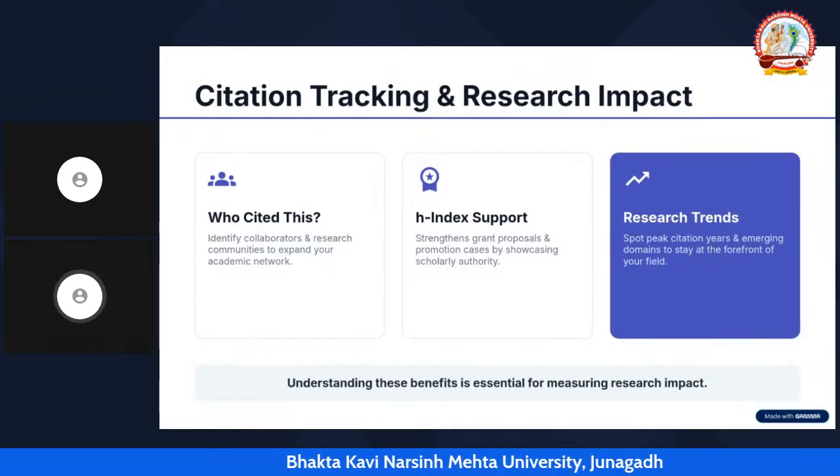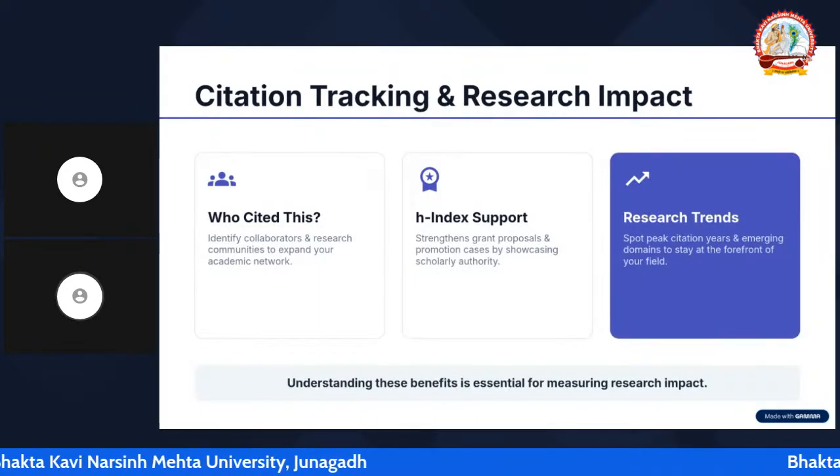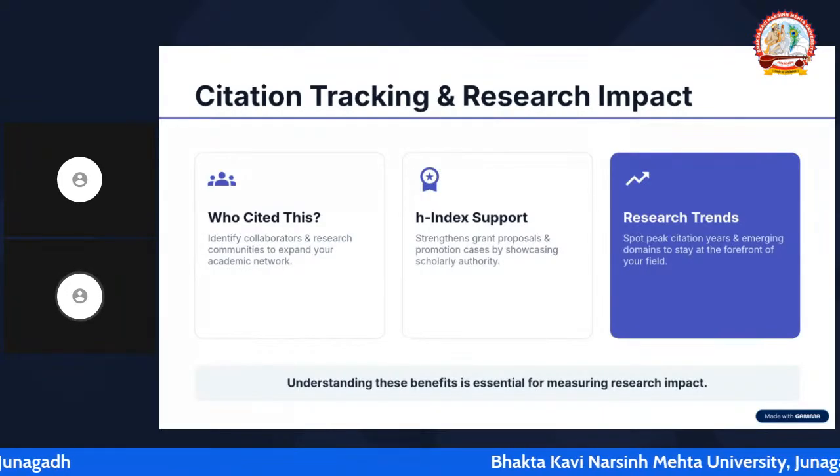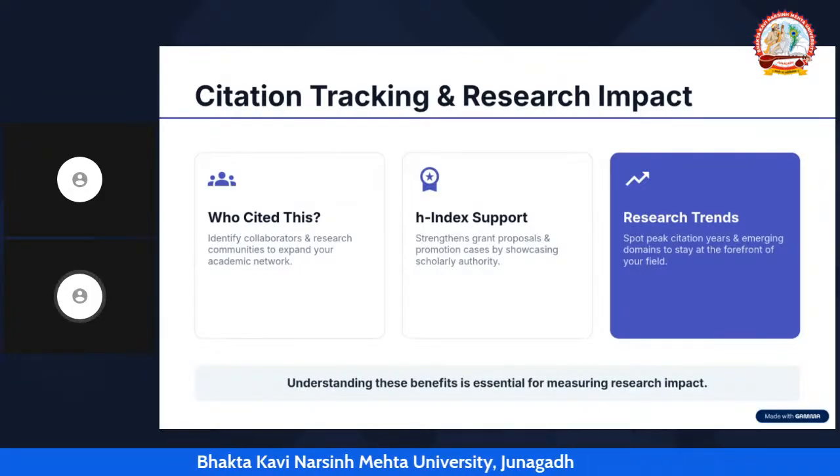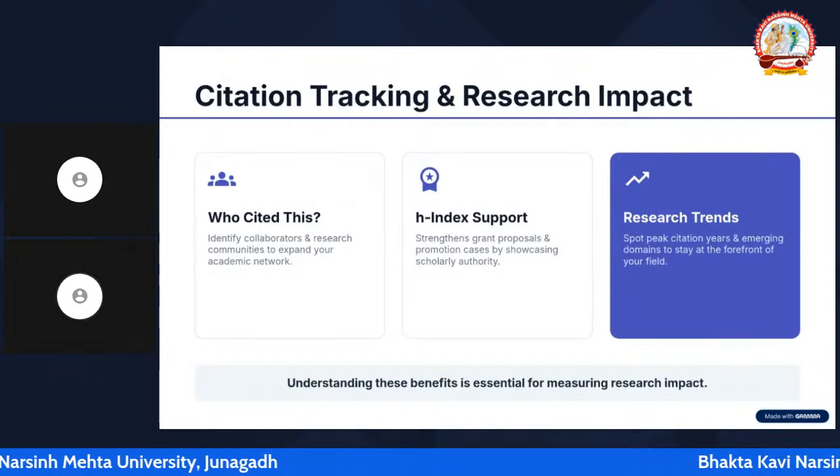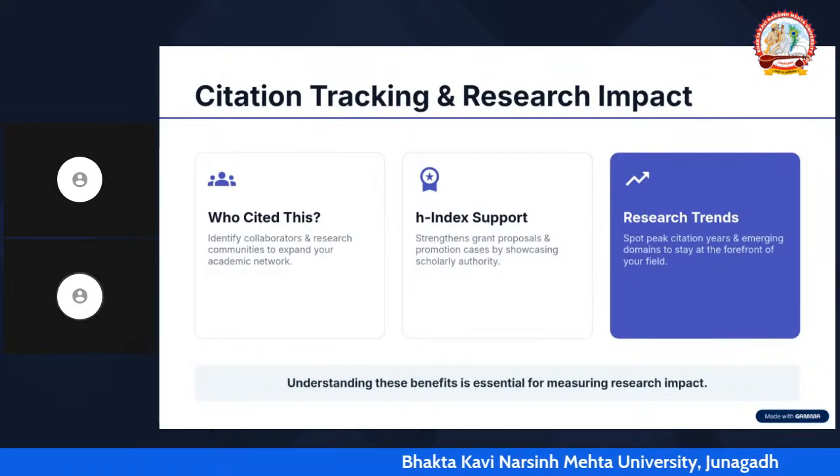If they have cited this journal, we can trust it. That is how we can track the citations. If a particular journal has major citations, say 500 citations, we can trust that this journal is reputed, and using that we can publish our data.